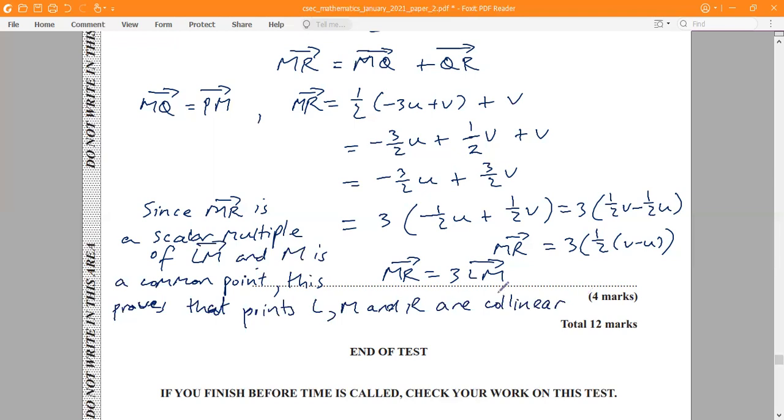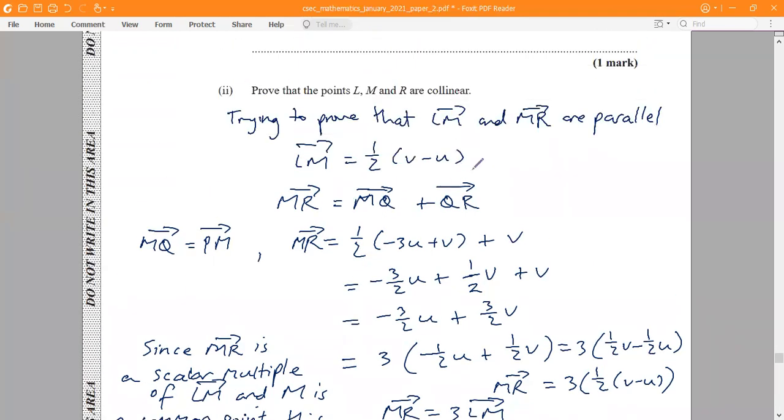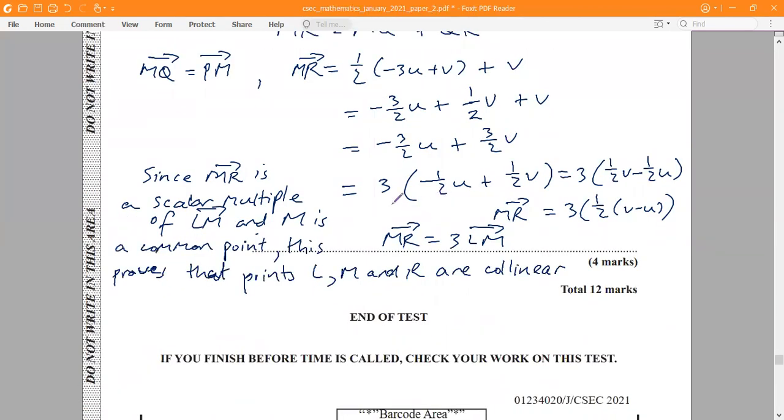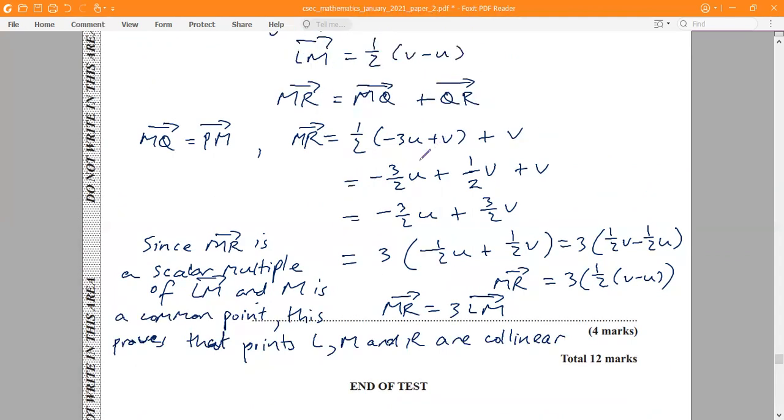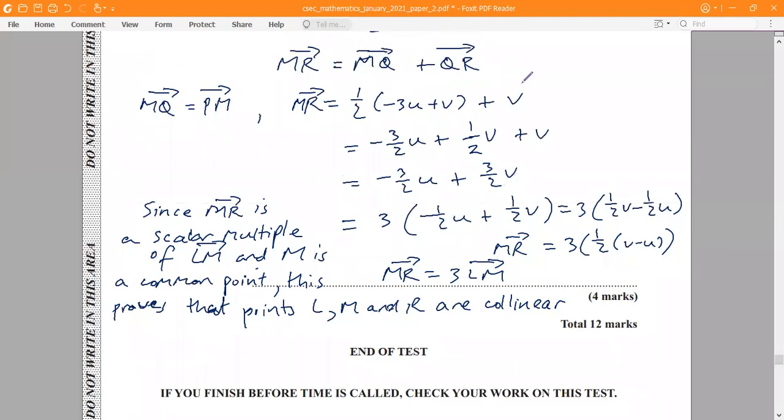So MR is a scalar multiple of LM, and that means they're parallel. But they both share a common point, meaning they are parallel and connected to each other. This proves that points L, M and R are collinear. So we did prove that they were parallel, but they have a common point. Therefore, they are collinear, meaning they all lie on the same straight line. Thanks for watching. We are finished with this test paper. Have a great day.